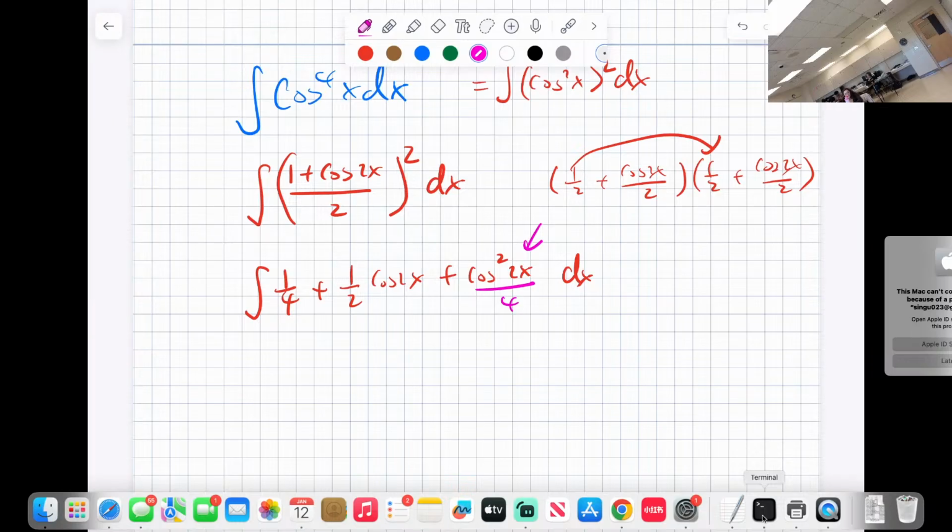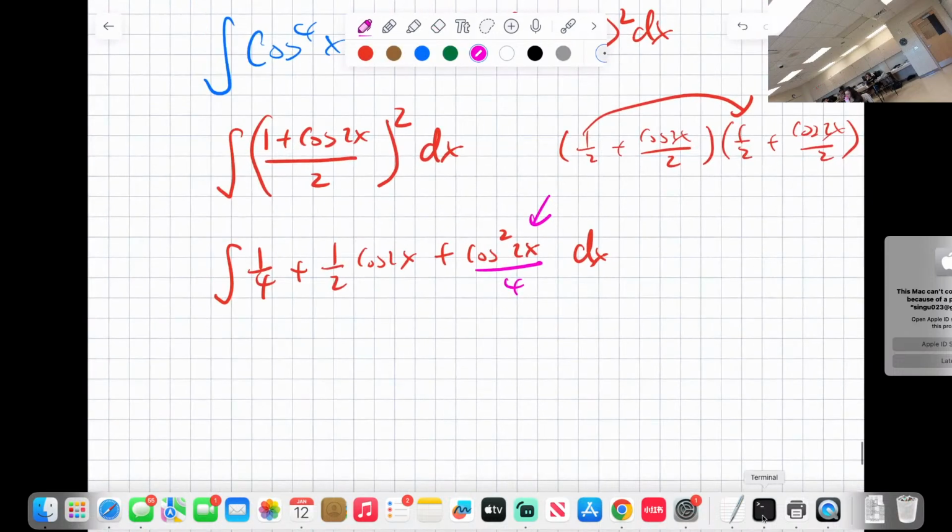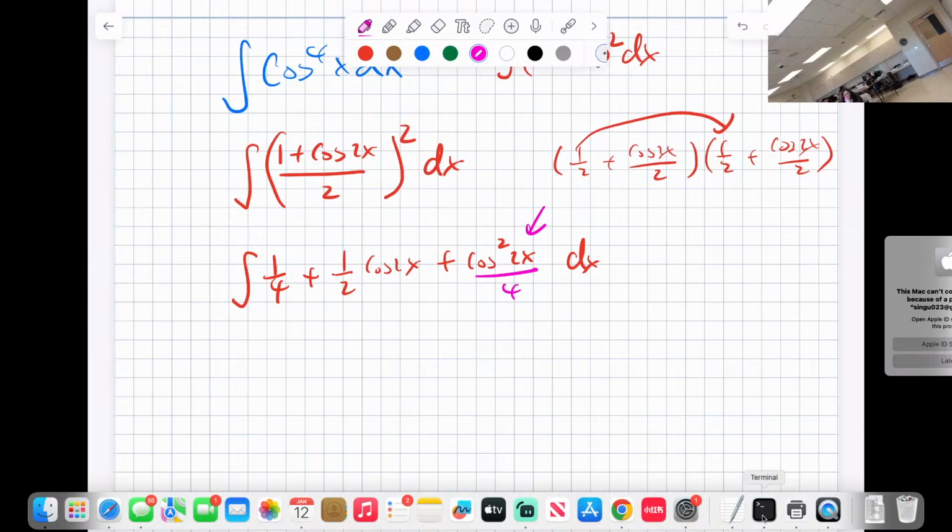Now, the thing is, you want to reduce everything to the first power. The problem is this is still second power. Can I reduce that even further? So how do I reduce that even further? Let's check the power reducing formula.